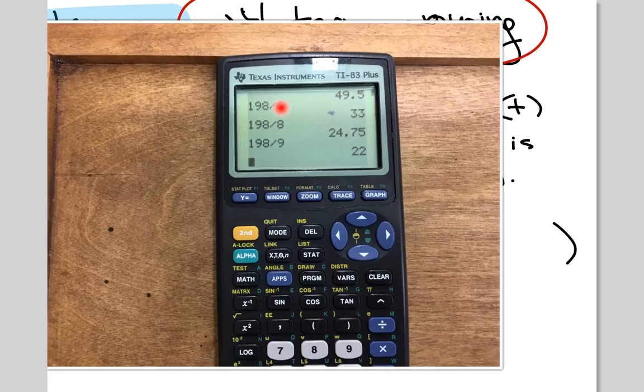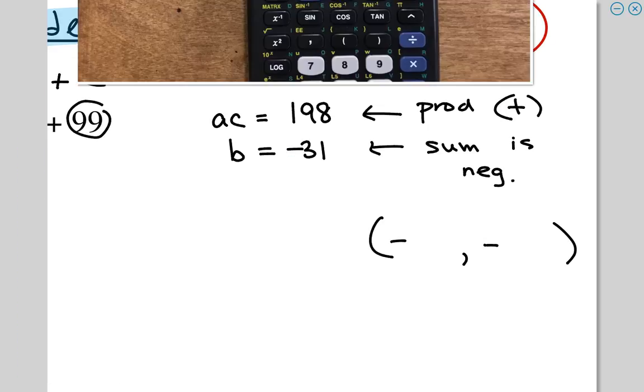Okay, but then 6 worked, so why didn't he use 6 and 33? Because it won't get you to 31, right? But 9 and 22, it does, right? Okay, good. So it was 9 and 22, correct?